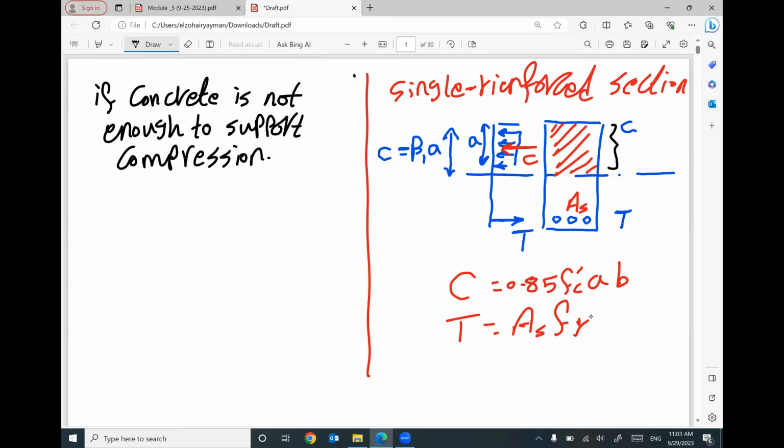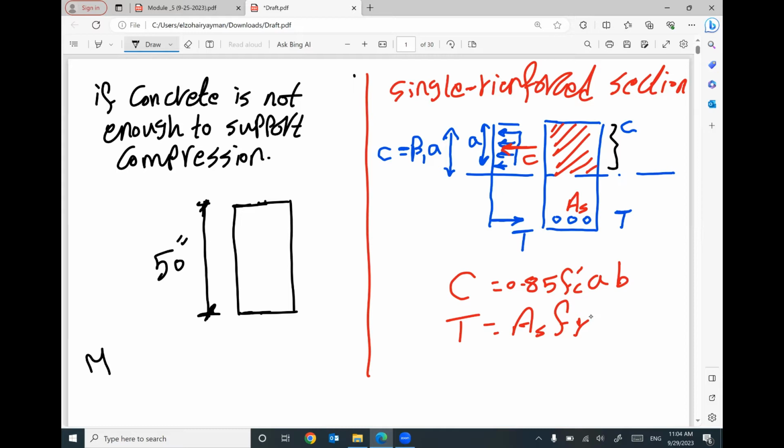One of them, I will ask you, hey, go ahead and design a concrete section with maximum thickness equal to 50 inch. You cannot increase this cross section more than 50 inch. You tried your M ultimate. You tried M ultimate divided by phi b d squared. Unfortunately, your value is outside the table.